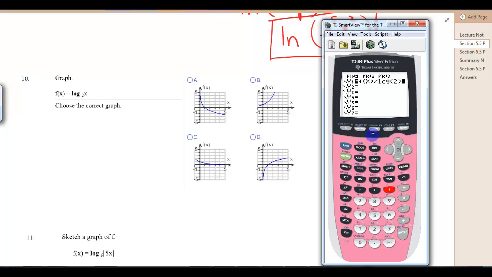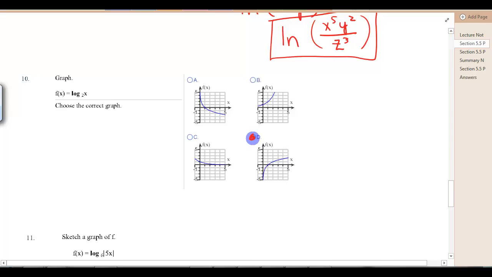All right, and then we'll do a zoom 6 and see what picture we get. Now their graphs are based on a little bit different window, but can we see which one it would be? We can tell it is this one. So remember that we used the change of base formula.